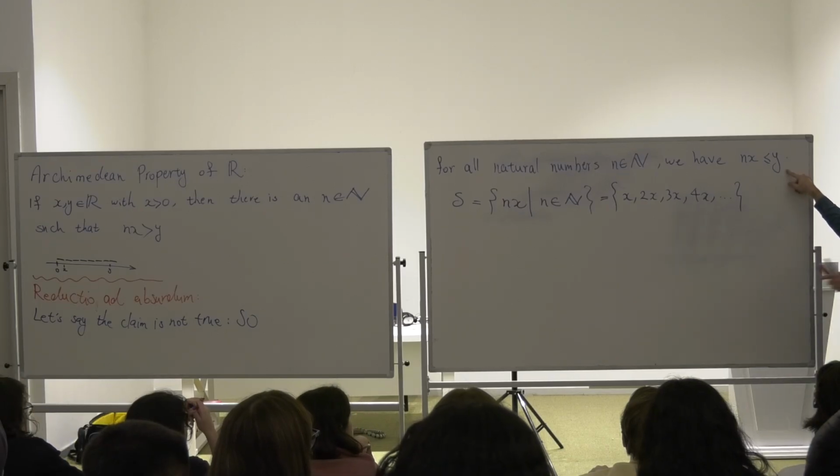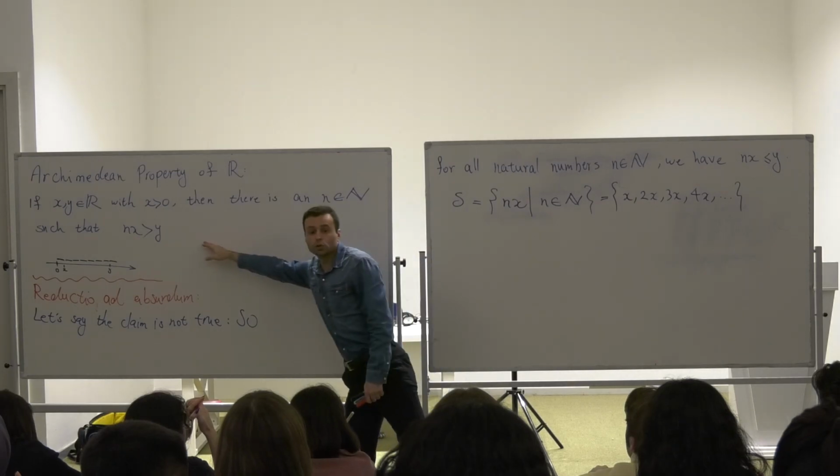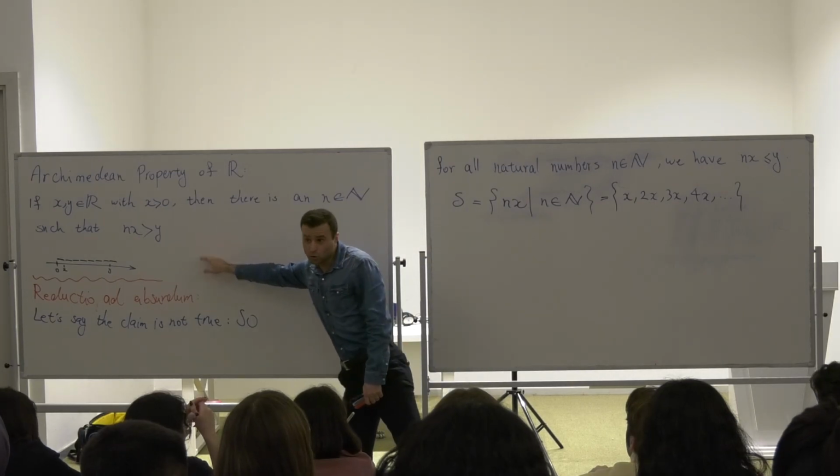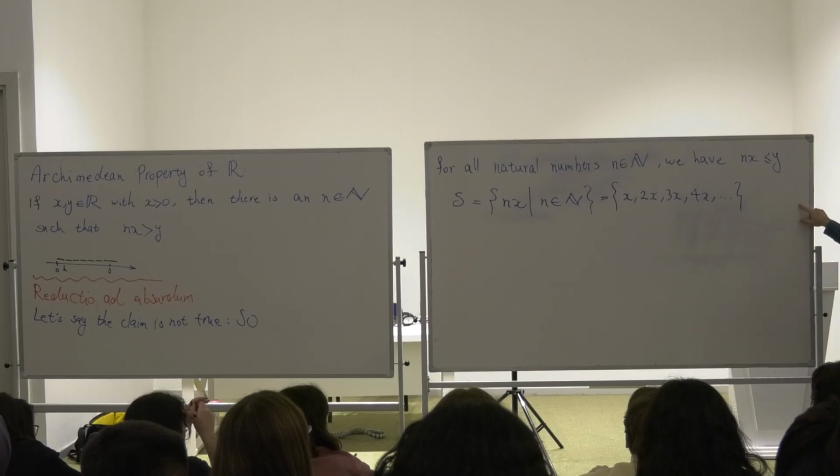By our reductio ad absurdum, assuming the negation of this statement, which means that if this claim was not true, then this set was a subset of real numbers which is non-empty and which is bounded from above. For instance, y is an upper bound for this set.